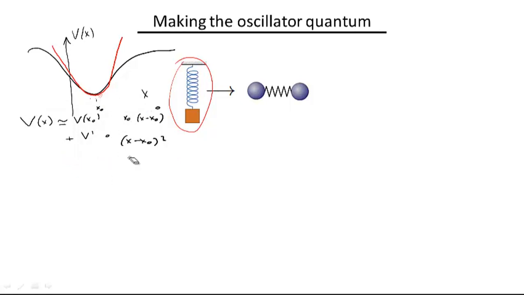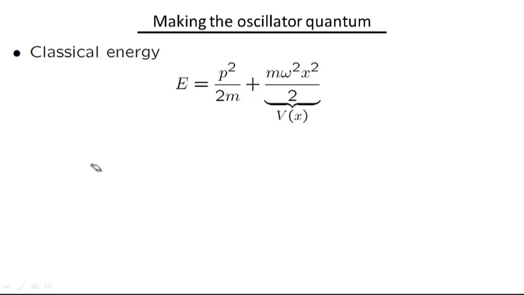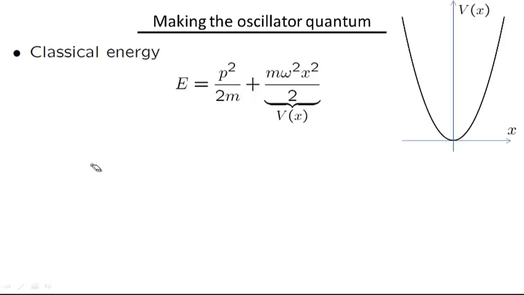So now let me erase this stuff and move further. How do we formally go from the classical harmonic oscillator in this potential to a quantum harmonic oscillator? To do so, we have to pretty much do the following mathematical procedure. We can just put a hat here, and that's it. So that's how we make the oscillator quantum.